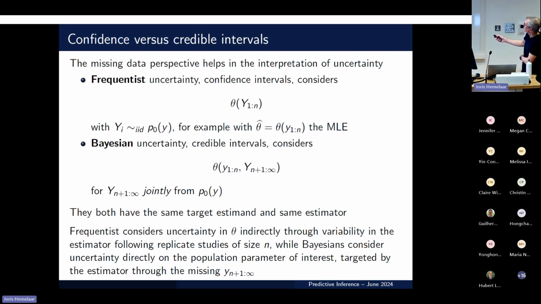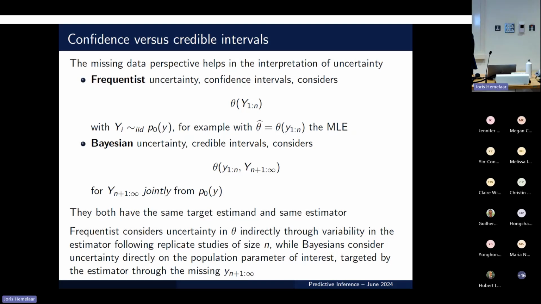And frequentist uncertainty considers what would happen if I repeated the study. If I repeated the study, I get another sample of size n. I would put that data into my estimator and I'm likely to get a different value because of the uncertainty in repeating the experiment. And this is by definition the frequentist measure of uncertainty in a confidence interval. If I was to repeat the study, what would happen? And if I was to repeat it again, what would happen? The way you would do that is you would sample studies of size n.